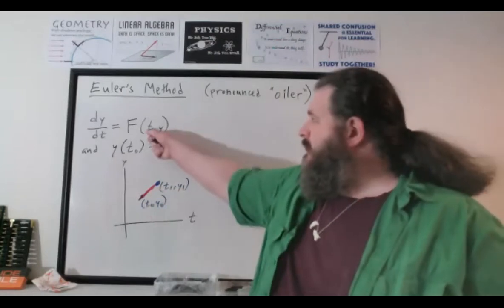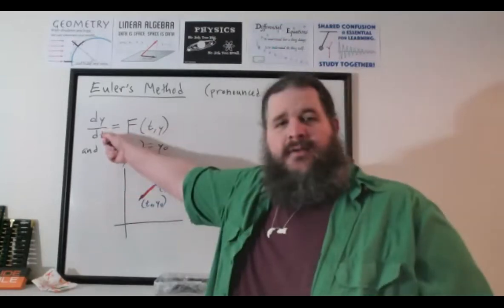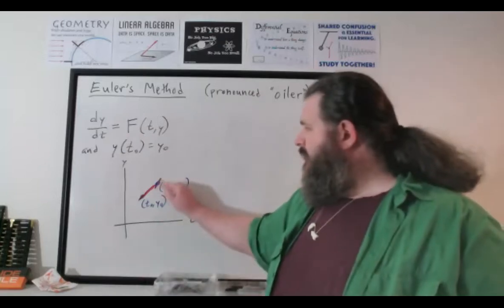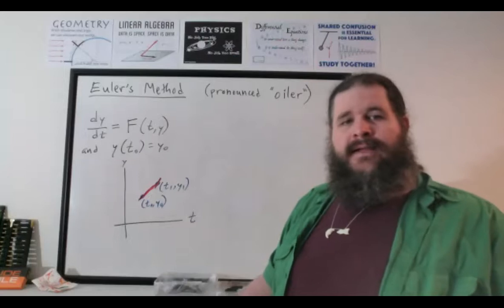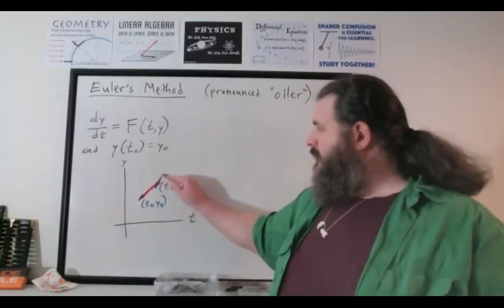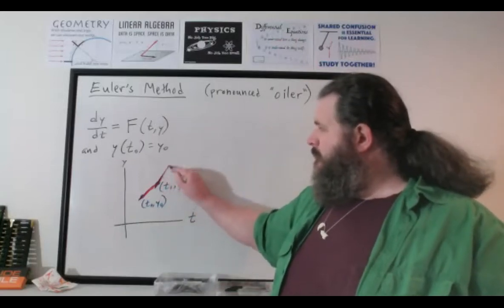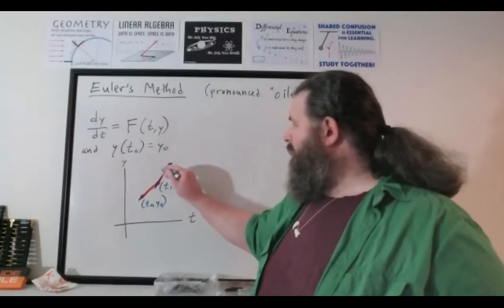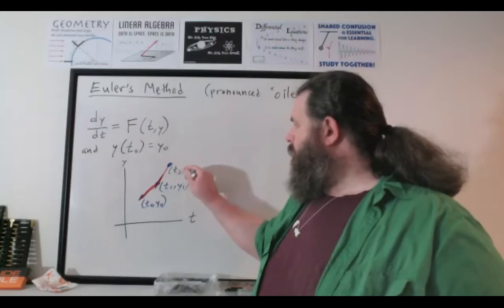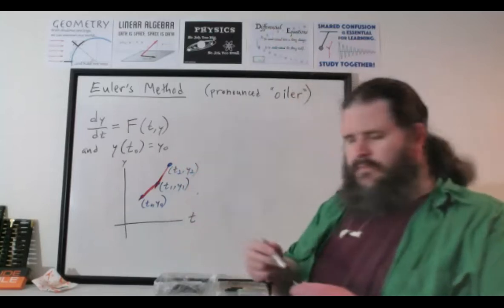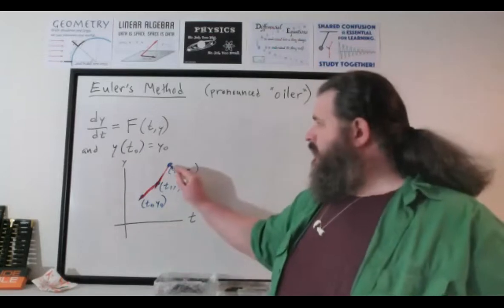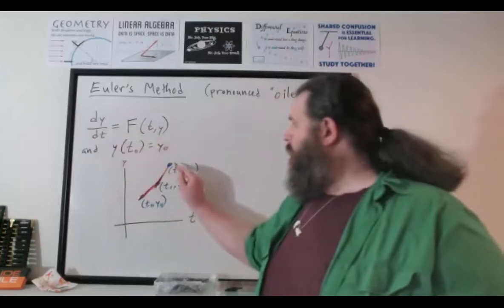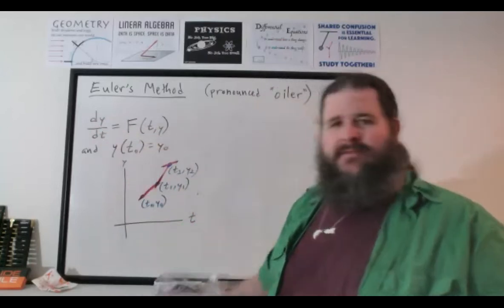So we could plug that back into the original differential equation and find the new slope at that location. And let's say this is the new slope. We can now follow that slope as if the curve was a straight line a little bit further till we get to some other location. Let's call that t2, y2. At that location, we recalculate the slope, plugging t2 and y2 into the original differential equation, and get a slope that looks like this.